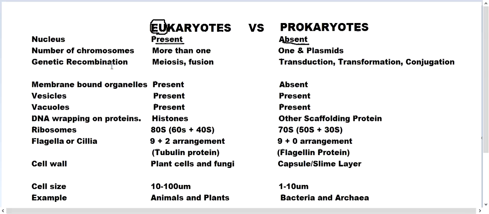The nature is changing, and if we don't change ourselves according to the nature, our survival is very difficult. That is the principle of evolution. In eukaryotes, genetic recombination is done by meiosis, as we will study in the cell division chapter, and by fusion of gametes.